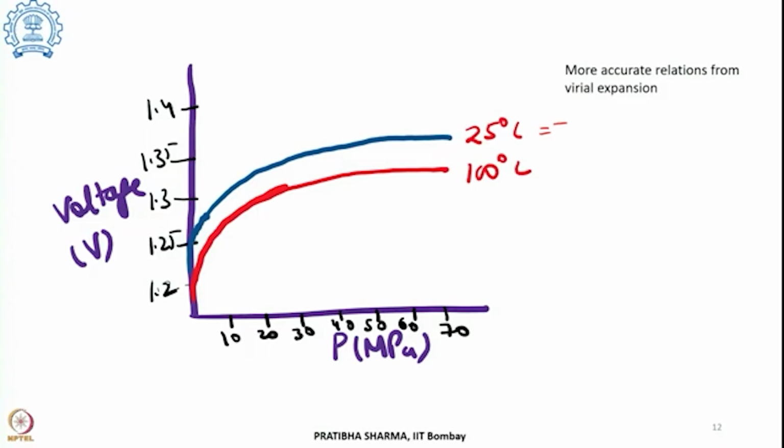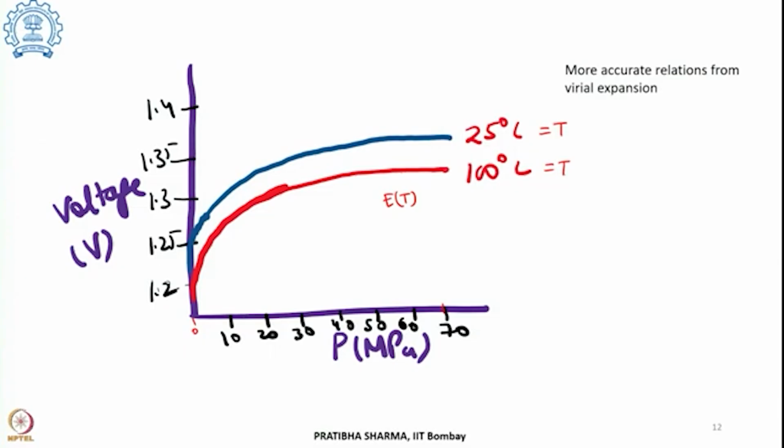Let us say the temperature being considered is 25 degree or 100 degree centigrade, we can plot this E as a function of pressure till 70 MPa or 700 bar. We can see that with the increase in temperature, the voltage reduces.